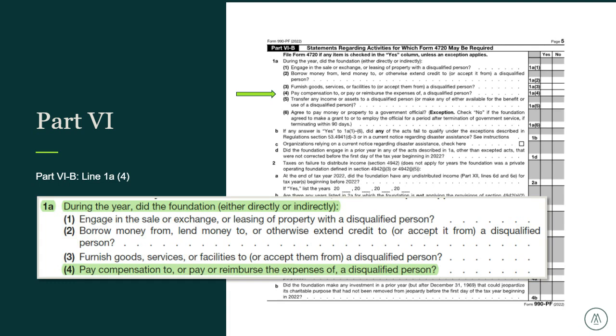So these questions in particular deal with self-dealing type questions. And if you answer yes to these, it may or may not be okay based upon if you do meet the exception to it. So just wanted to highlight that, and we'll cover self-dealing and walk through some examples in a little bit.